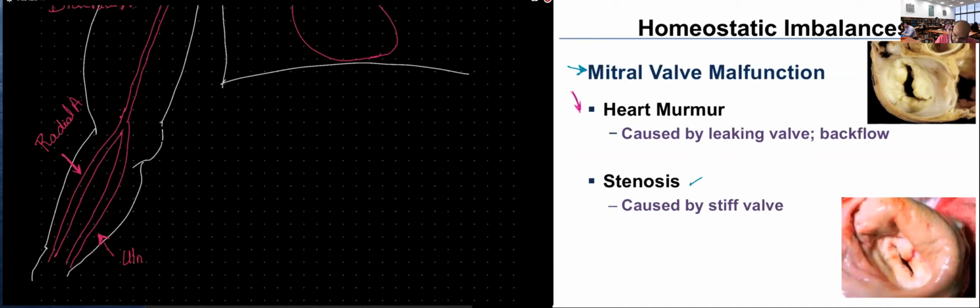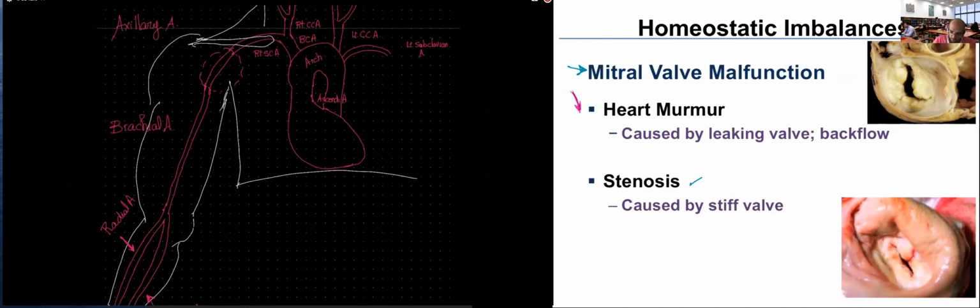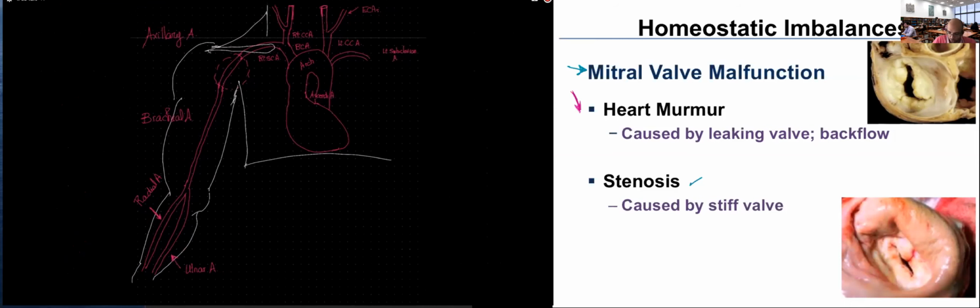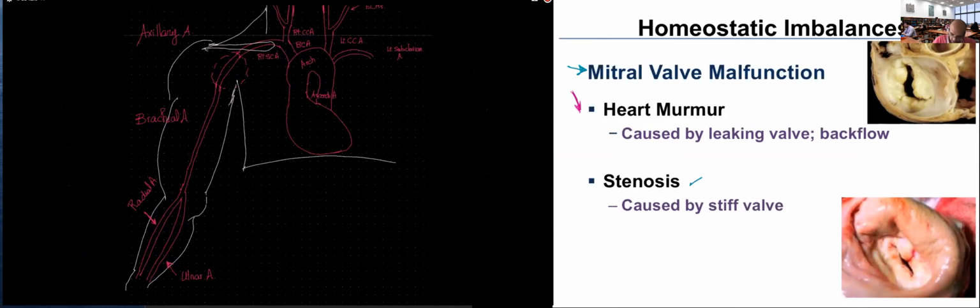The ulnar artery, exactly. So again, for the blood supply of the forearm, on the lateral side you've got the radial artery, and on the medial side you've got the ulnar artery.